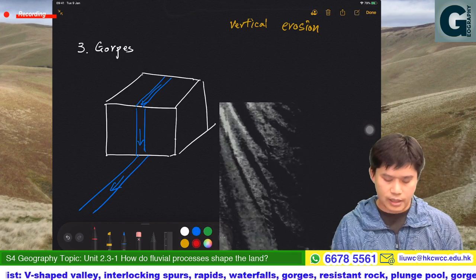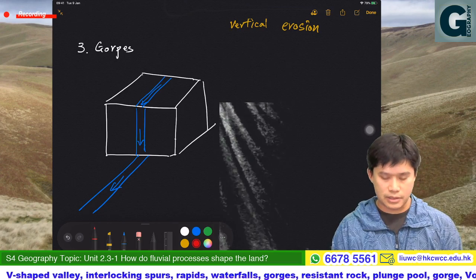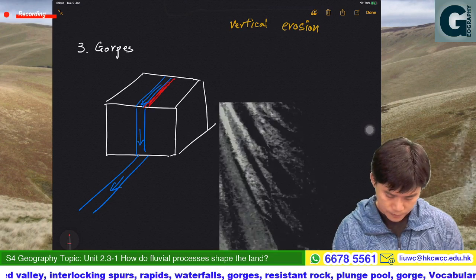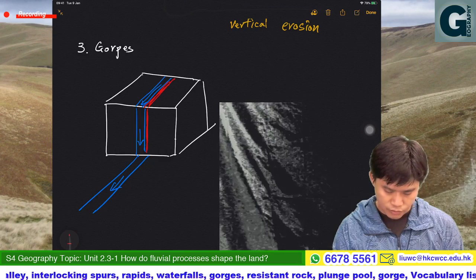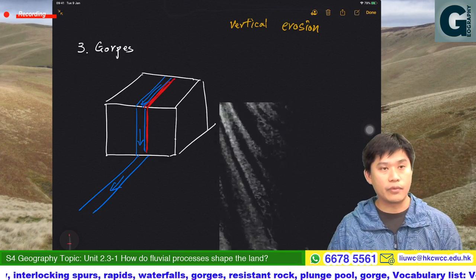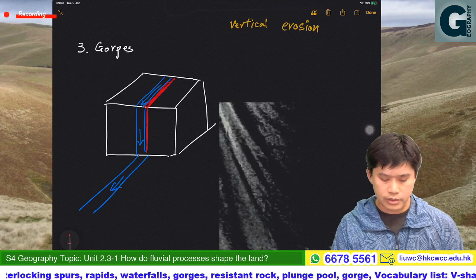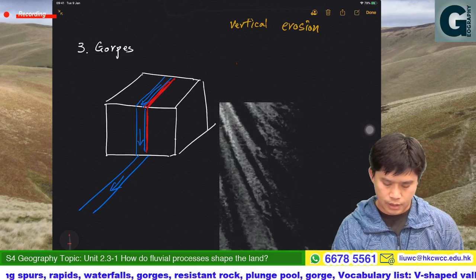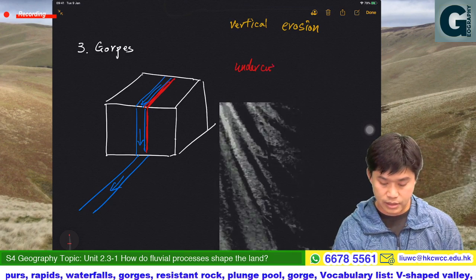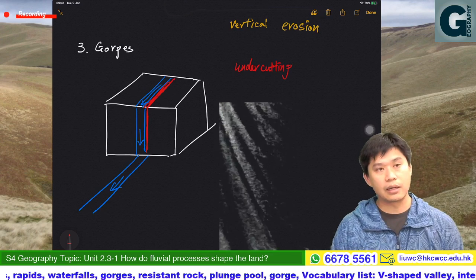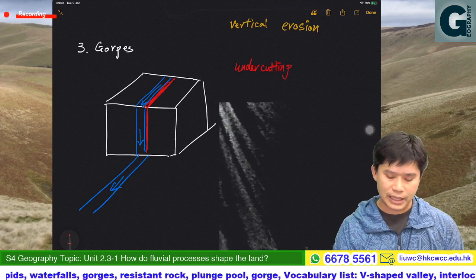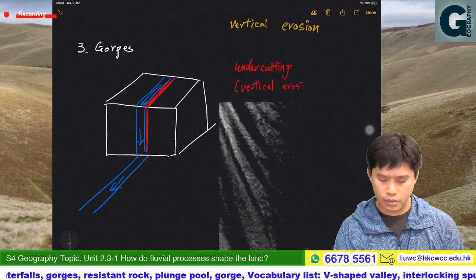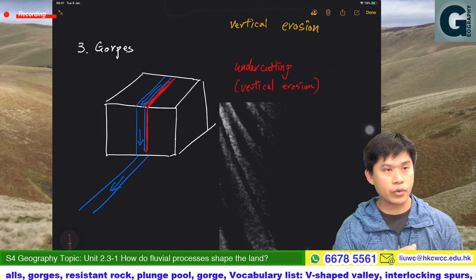First, where does the erosion take place? The erosion takes place at that part, the red area. So just now your textbook mentioned a process, which we may call undercutting. I would say undercutting is a kind of vertical erosion.